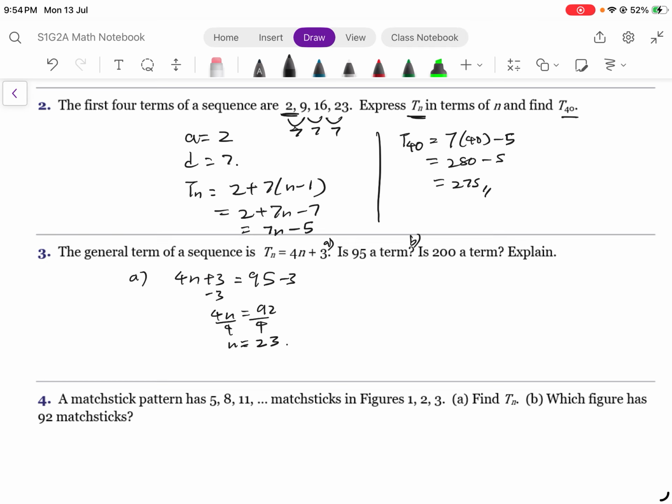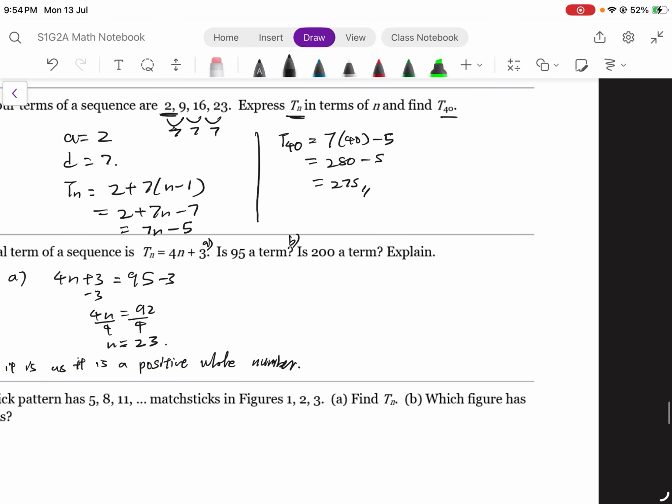So is it a term? Yes, it is, as it is a positive whole number.